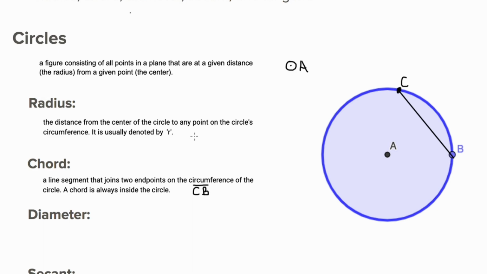And our radius here was, let's put a line here for AB. Use capital letters for points. Okay, so that is chord CB, and notice the chord is always going to be inside the circle. So this is our chord right here.